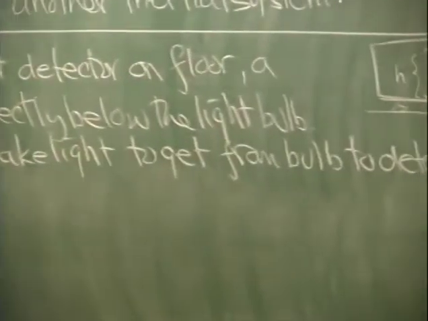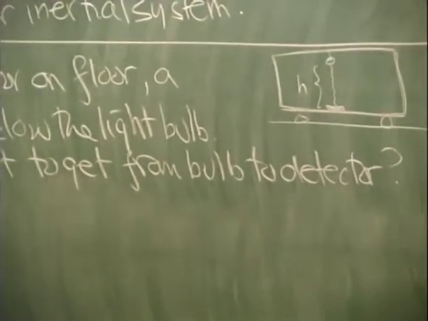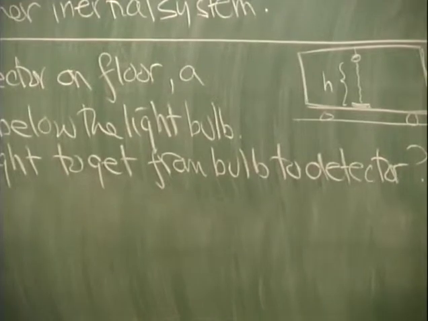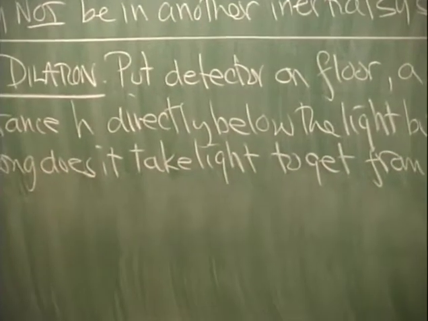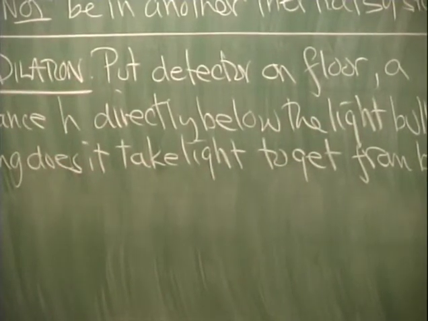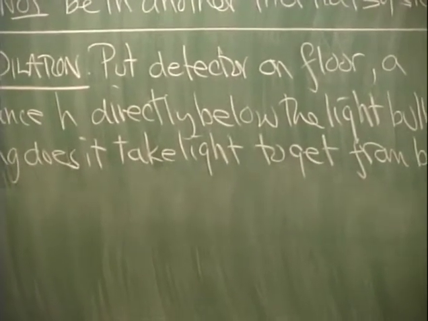Well, in this reference frame, it's easy. How far does it have to go? h. How fast is it going? c, always going c. So the time, which I'll write with a prime on it for reasons you'll see in a moment. I'm going to use primes for measurements that are conducted on the train car as opposed to measurements conducted on the ground.